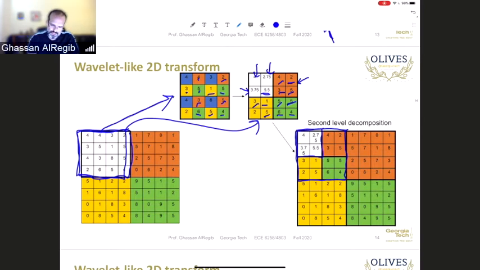So this approximation here is really the average of every 4 by 4 pixels. So now I have this 2 by 2 image as my approximation. I can add to it this level of detail, which are in the orange in here, the green here, and the yellow in here. If I add these, then what I will be getting is basically the first level decomposition. If I add to it these details in here, then I get the original image back.